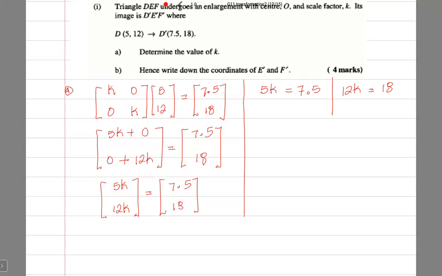Any one of these two equations could be used to find K. If I divide both sides by 5, I get K equals 1.5. If I divide both sides by 12, I also get K equals 1.5. So A is asking us to find the value of K, and the value of K is 1.5.